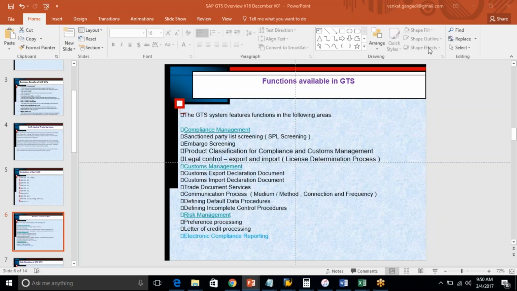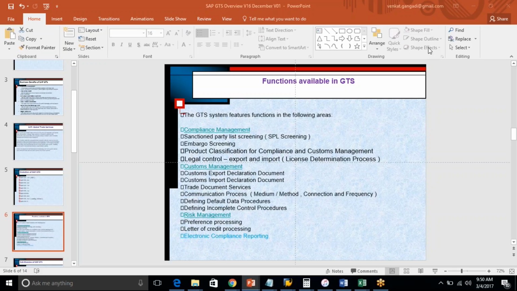Whenever you are able to obey the rules, regulations or policy, whatever it is, that organization or person is compliant. If they fail to obey or fulfill, the company or the person becomes non-compliant.